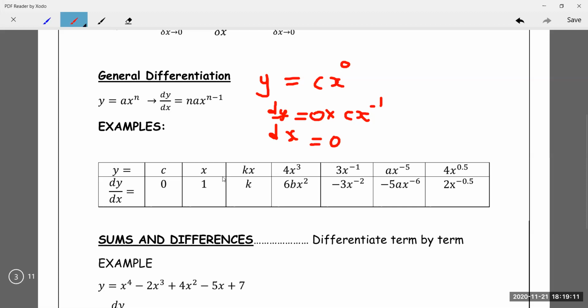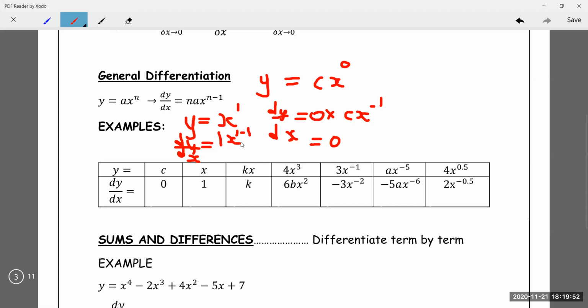Now look at this one. When you're differentiating x, if y is equal to x, x is really x to the 1. So when you write down dy by dx, you carry down the power 1, and you subtract 1 from the power to get x to the 1 minus 1.